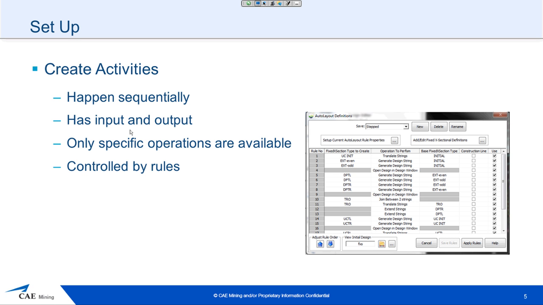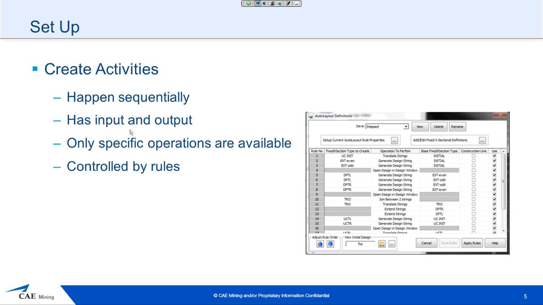So some things to remember about this. The activities happen sequentially. So if you have an activity that requires a certain design type, if that design type hasn't been created yet, that activity will not find anything to work on.